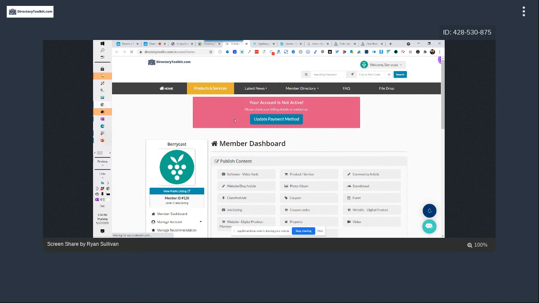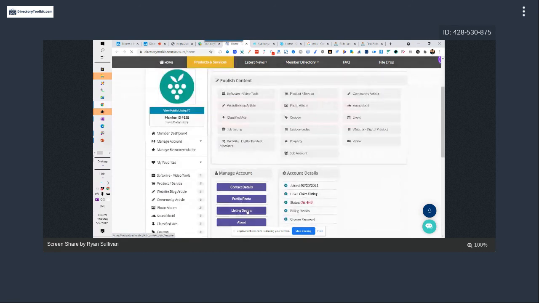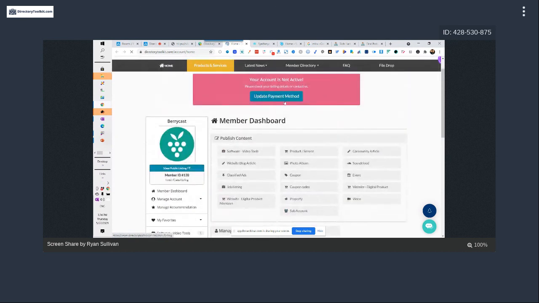So they could link to the listing details and be forced to go pick the new categories. And then maybe an upgrade button here, like this one that says update payment method, but it says upgrade to your previous status or something like that. So if they want to turn it back on later, it's just a call to action, right, to get them to go back up to the higher plan.